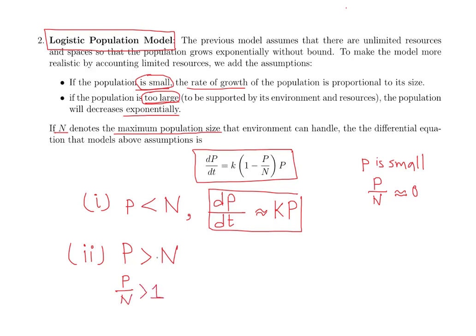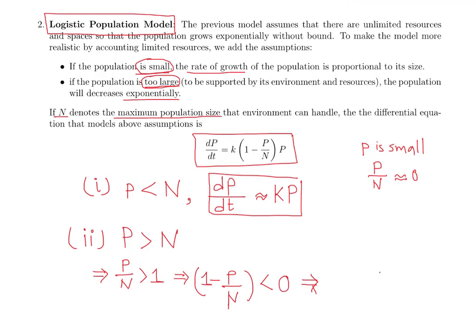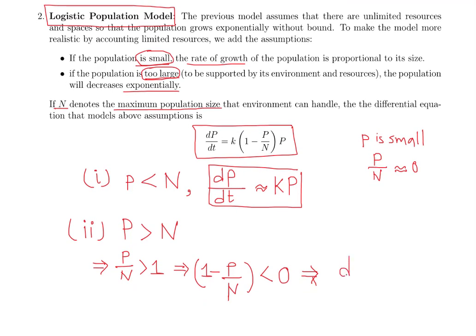If you divide both sides by N, you get this. So this implies that 1 minus p over N is negative. So this implies that the growth rate is negative, so the population decreases.